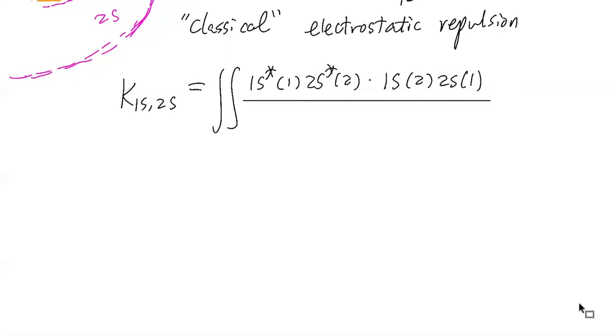over R12, right? Again, because the way to relate the first electron and the second electron is through this 1 over R12 electron repulsion operator, dr1, dr2. This is something unique in quantum mechanics.